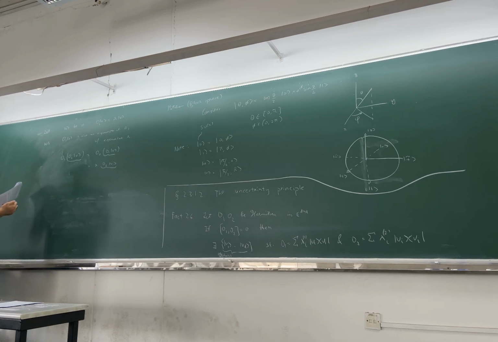Okay, good. How does it help us? It basically says that you can pick, suppose O1 is written in some eigenbasis, and it will have some block form, right? Suppose this is the lambda eigenvalue space for observable O1. Then all that we are saying is O2 is only going to move things around within lambda. Any vector within the lambda eigenspace will be mapped to another vector in the lambda eigenspace of O1.